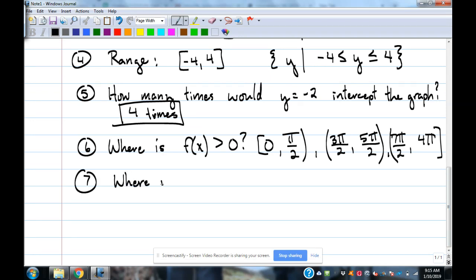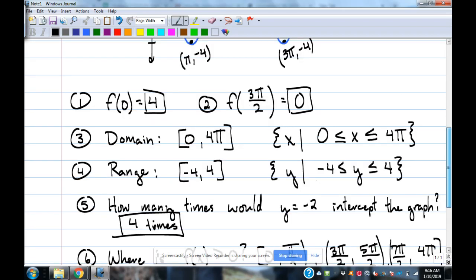Where is f of x equal to -4? A little easier problem, I think, for number 7 than it was for number 6, but still a different kind of problem. So where's that at on the graph?